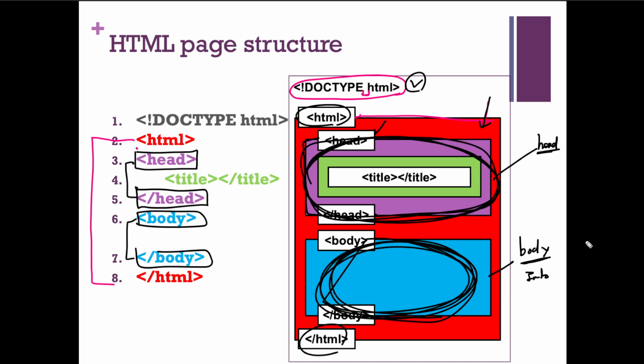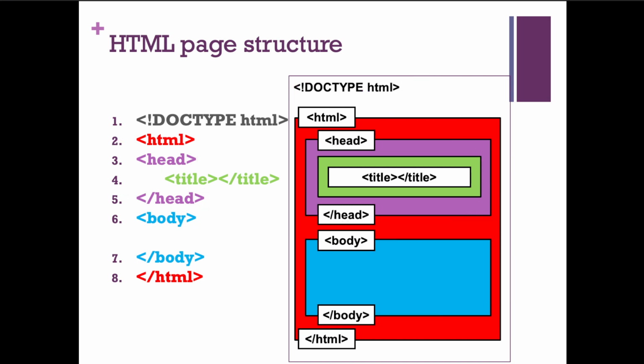One more very important thing about the structure, I'm going back to my color, is that let me really emphasize this one. Okay, now because there are two sections, body section and head section, you can put stuff in them.